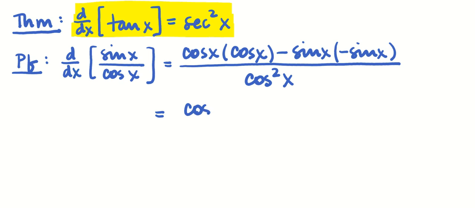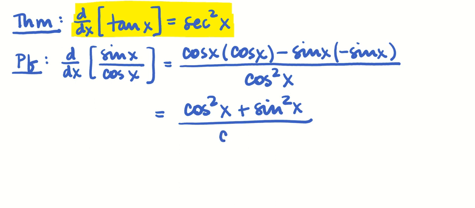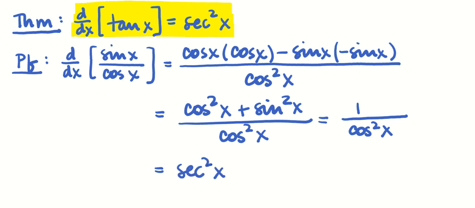So I have cosine squared x plus sine squared x, and hopefully that sets off a little alarm bell in your head. On top, this is 1. And on the bottom I have cosine squared x, and we know 1 over cosine x is secant x. So it stands to reason that 1 over cosine squared x is going to be secant squared x.